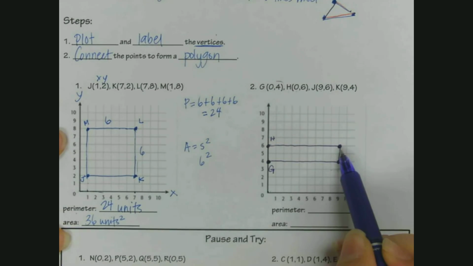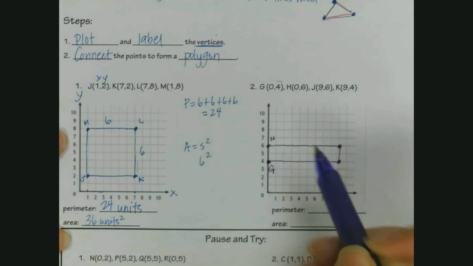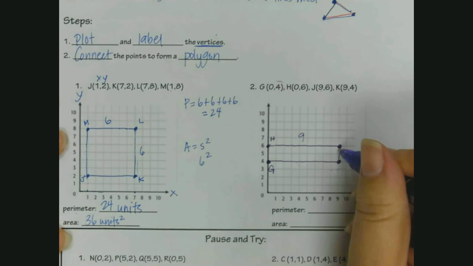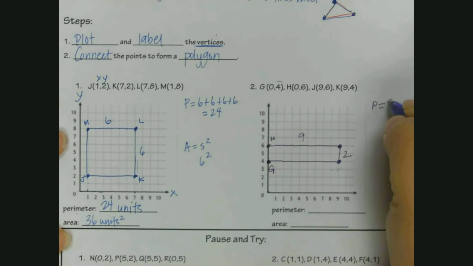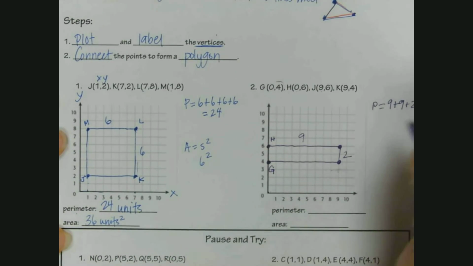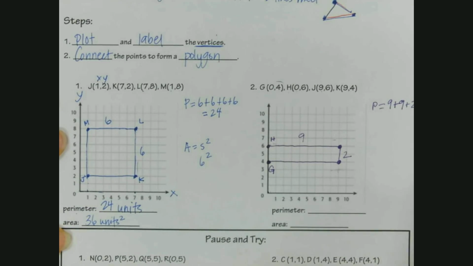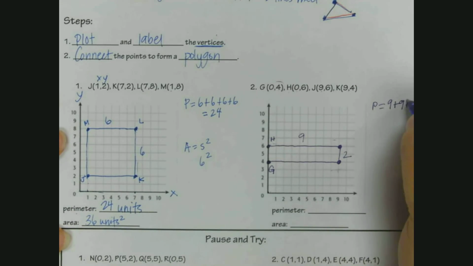I've got from 0 to 9, so that's obviously 9 across, and then I've got 1, 2 on the side. Okay, so for perimeter, it would be 9 plus 9 plus 2 plus 2, each side. 9 plus 2 plus 9 plus 2. 9 plus 9 is 18, 18 plus 4, that's 22.